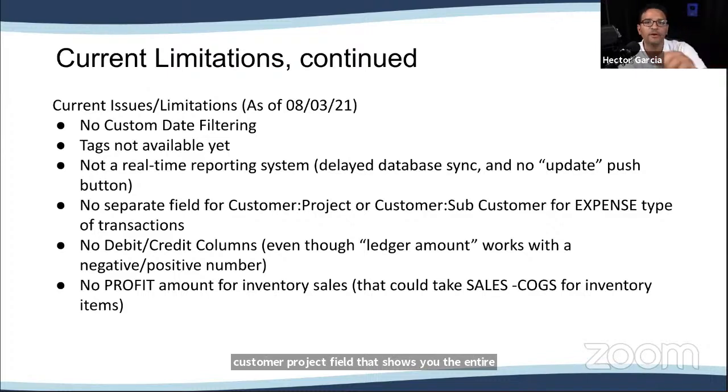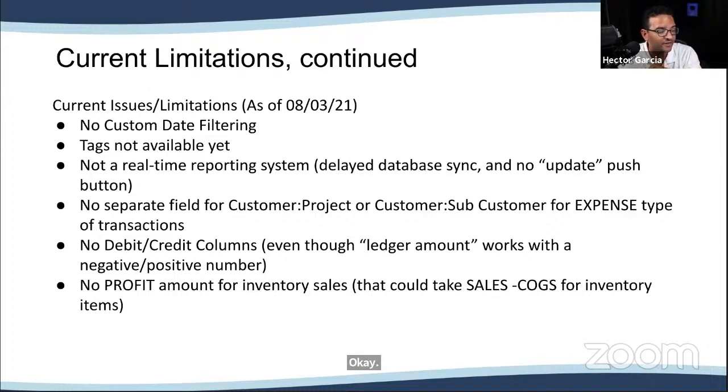So customer, sub-customer, or customer project. But I would like to see a separate customer and a separate project. I also want to see that in the expense category. So I want to know expenses by customer, overall customer, billing customer, and expenses by project as two different points of analysis that's currently not available. So I like to see those things separated.